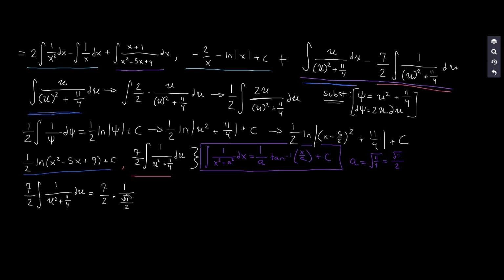But if we reciprocate it, that 2 is going to come out on top. We'll get to that in a second. Just want to get this down and think this through. Arctangent of x over a, so we have u over the square root of 11 over 2.